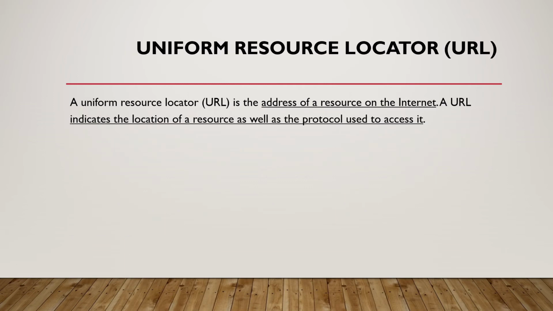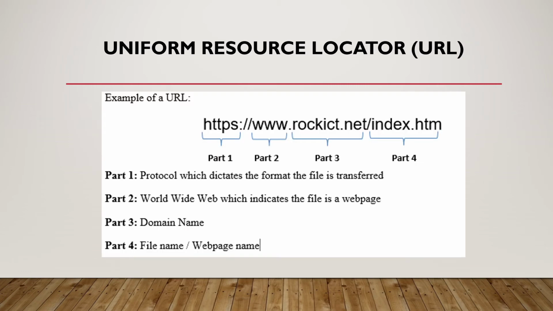The Uniform Resource Locator, also known as a URL. The URL is the address of a resource on the Internet. A URL indicates the location of a resource as well as the protocol used to access it. So for an example of a URL, you can see we have http://www.rockict.net/index.htm.